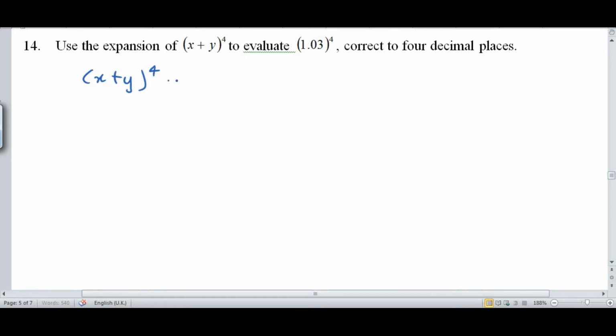When you expand this, you get 4C0 x^4 y^0, and then 4C1 x^3 y^1. The power of x is decreasing while the power of y is increasing.